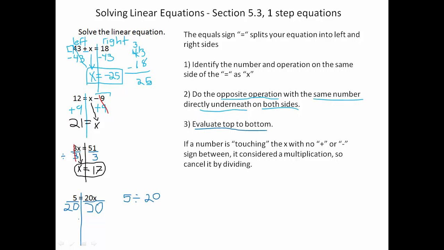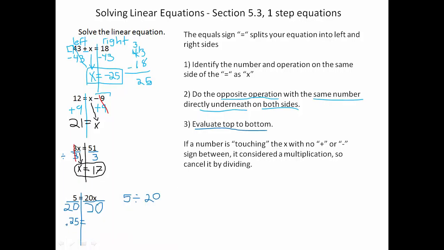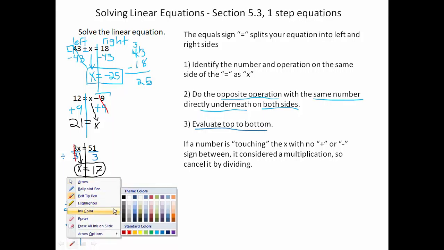If you have $5 and split it up amongst 20 people, people aren't going to get more than $1, certainly not $4. In fact, they'll get 25 cents. So 5 divided by 20 will give you 0.25, and that's going to be your value for x. The 20 divided by 20 is going to cancel out again, and you can just bring down your x.